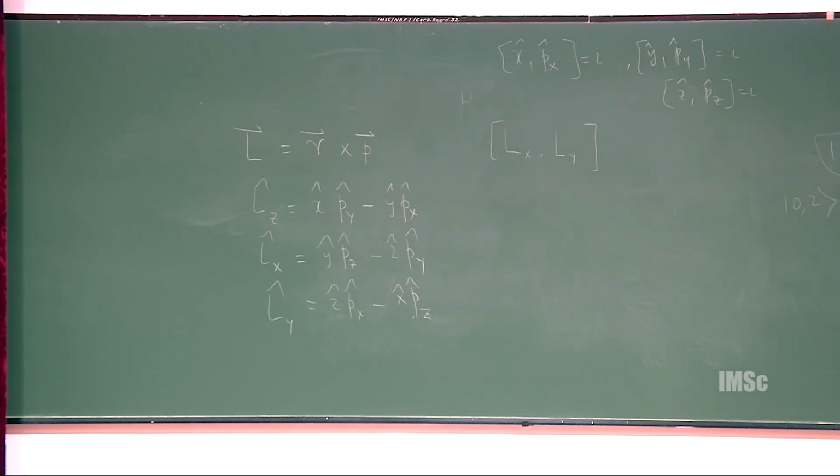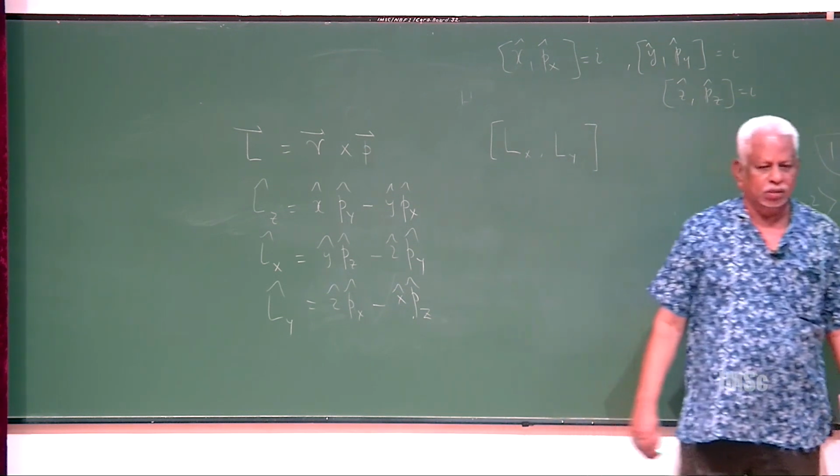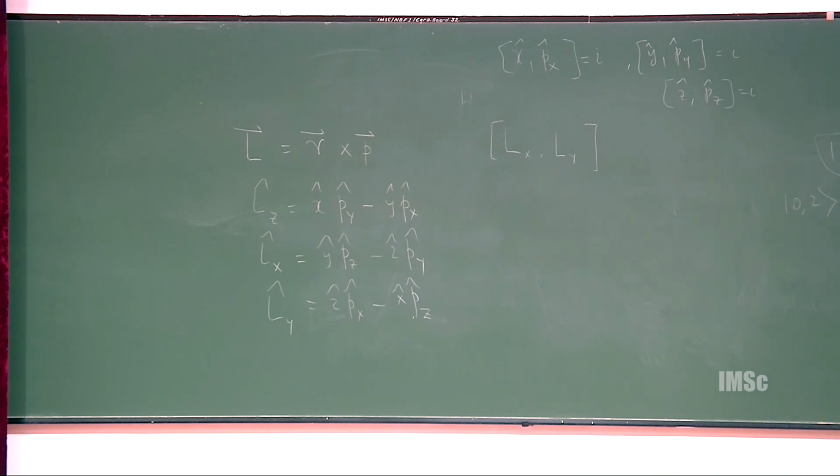So you can sit and compute, at least once you should do that. You can find out for one, Lx, Ly. If you find it for Lx, Ly, you can easily find it for Ly, Lz and Lz, Lx, all those three things, because it's only changing x to y to z. It's a cycle, okay? So at least try to do one, the Lx, Ly commutator.